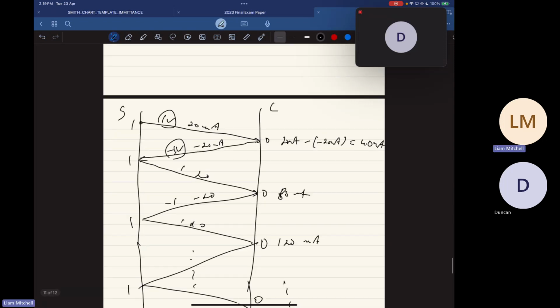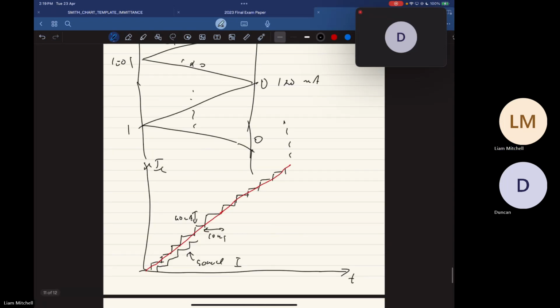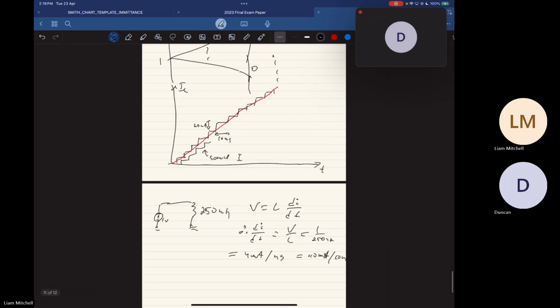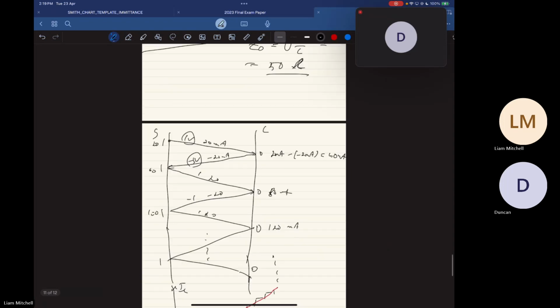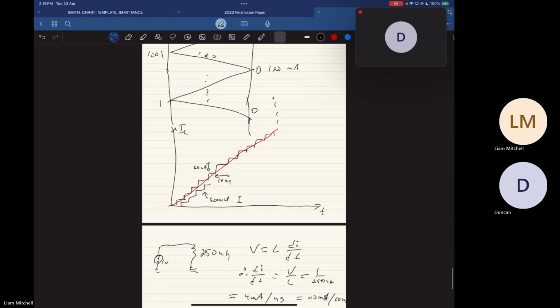Because if you can see here, it's 20. Here it's going to be 60. Here it's going to be 100, I think. So it's going to be offset by 20 milliamps at any moment in time. Actually, it's not going to look like this.